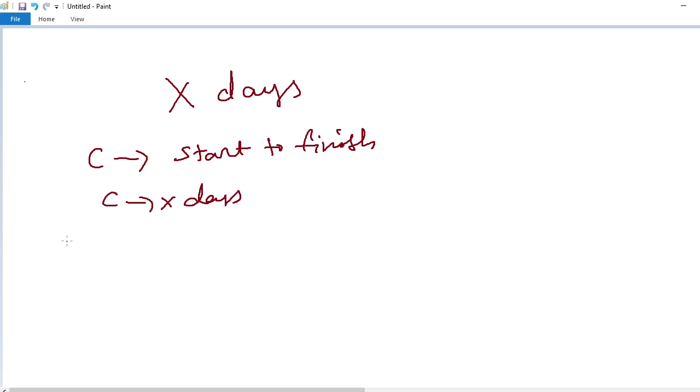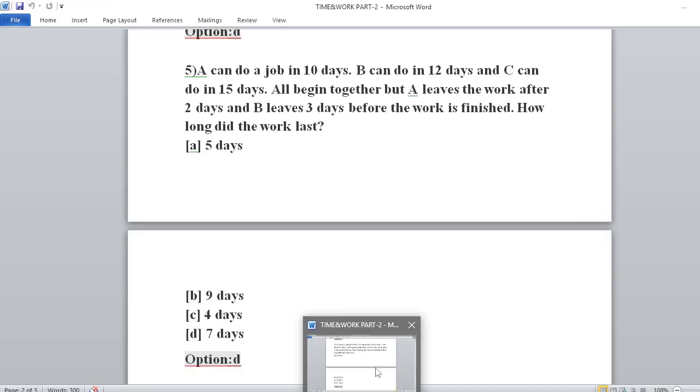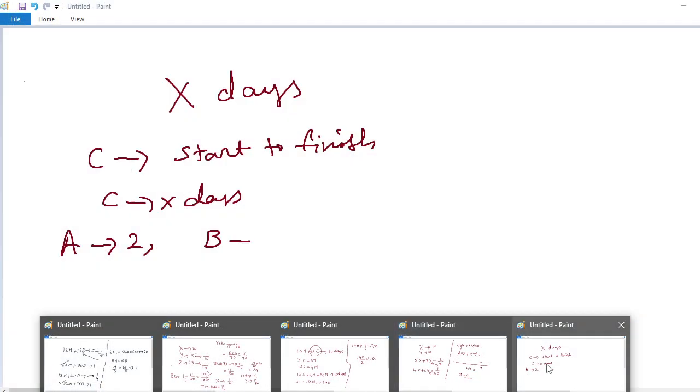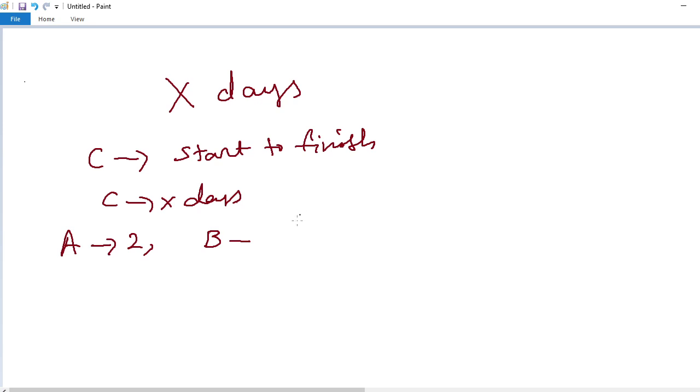A worked for 2 days. B worked for X minus 3 days. Just observe this sentence: B leaves 3 days before the work is finished. That means B worked for X minus 3 days.